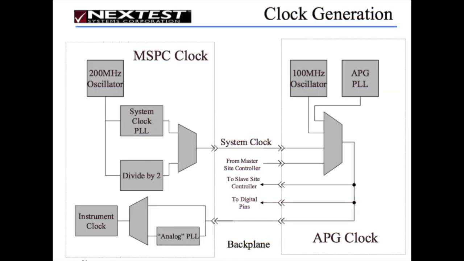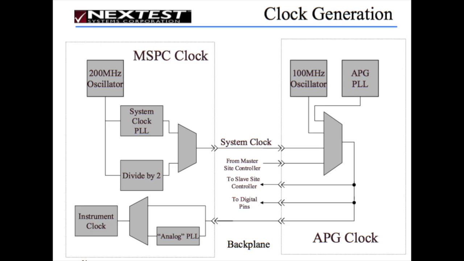And in the GT, that's 512 pins, so that's 8 slices of 64 pins. One guy is in charge, and everybody else is a slave to that, using the clock from the one master. But in the MSPC, we can use a 200 megahertz oscillator, go through the divide by 2 to get 100 megahertz, or we can go through the system clock PLL.